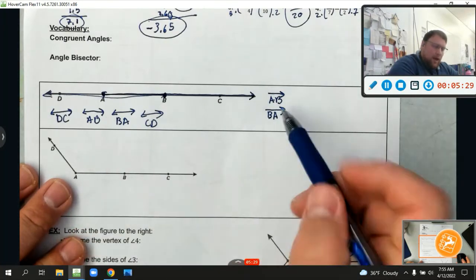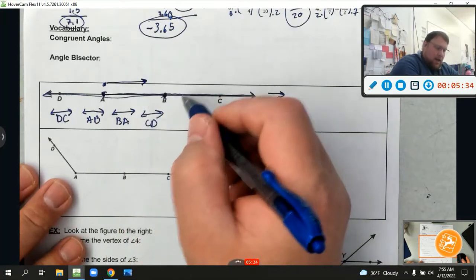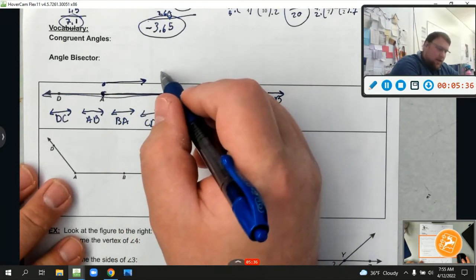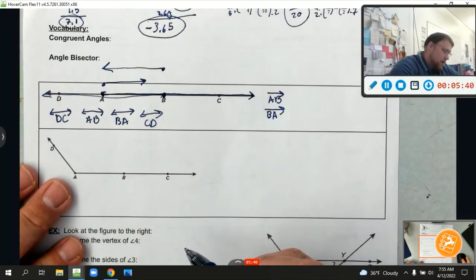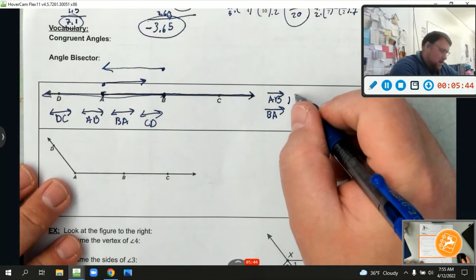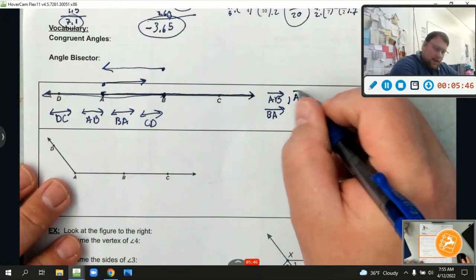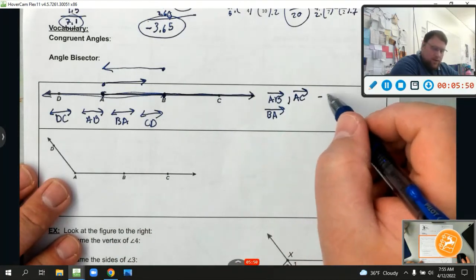So notice, we have one ray going to the right, right? That's our AB. And then we have another one that's going to the left. That's our ray BA. So AB is going in the same direction as ray AC, right? Those are going in the same direction.